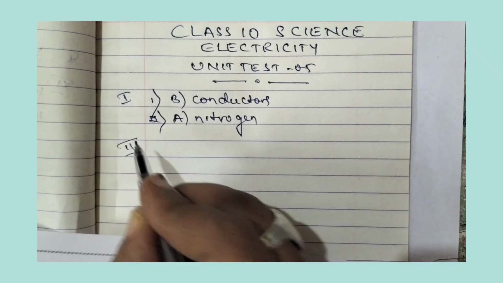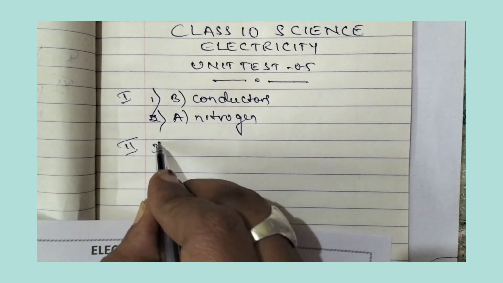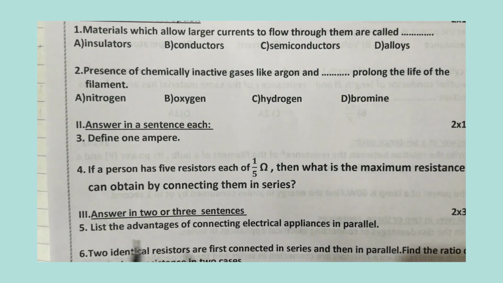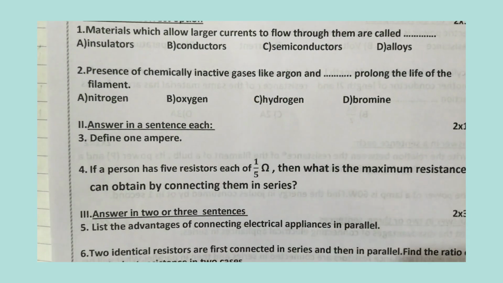Now let us move to the second mark, that is question number 3. The third question is: define 1 ampere.